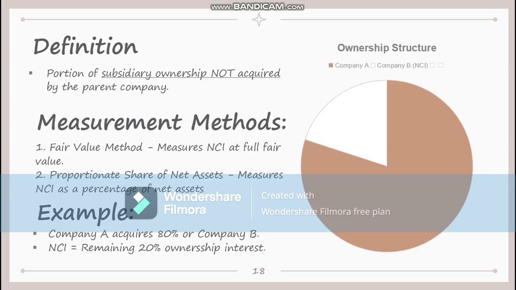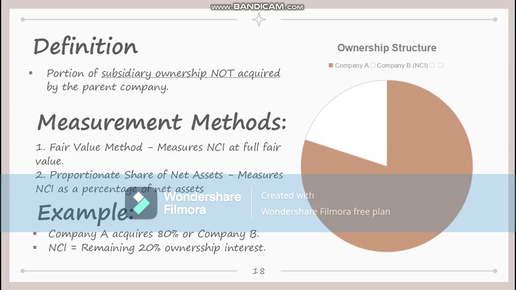The second one is proportionate share of net assets. This approach measures NCI as a percentage of the subsidiary's identified net assets. The choice of NCI measurement method is crucial because it affects the financial reports, especially the consolidated financial statements.